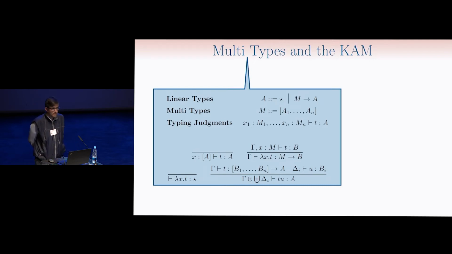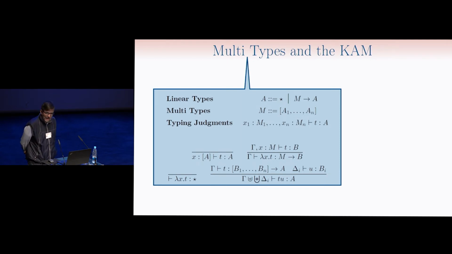You type variables in typing judgments with multisets, and you treat these environments much in the same style as you treat environments in linear type systems. So these multisets just are added up, for example, when you type applications.